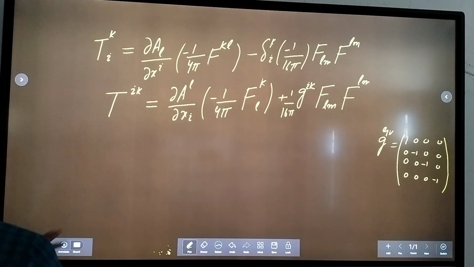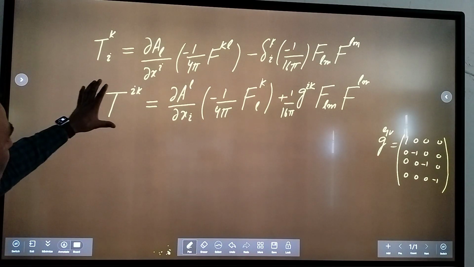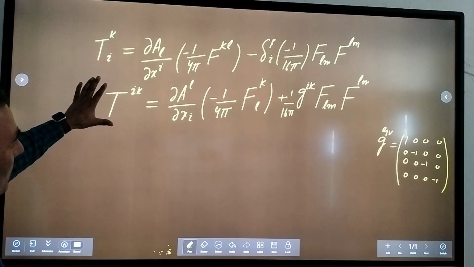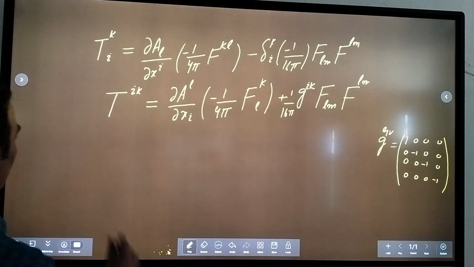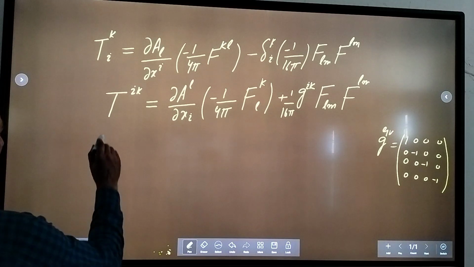Now this tensor is anti-symmetric, right? So in order to make it symmetric, we will add some term.